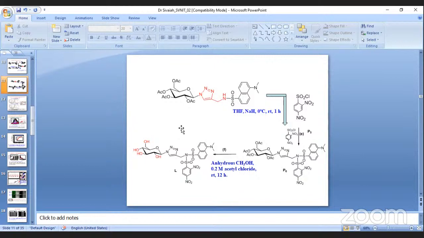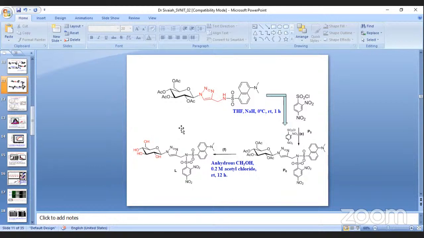At the end, finally, you have to deprotect the acetyl groups. That is very important, because of the solubility, whatever we have discussed, the role of the carbohydrate moiety. So for that, we have to deprotect the acetyl groups. For that, I have used anhydrous methanol and 0.2 molar acetyl chloride, room temperature, 12 hours.